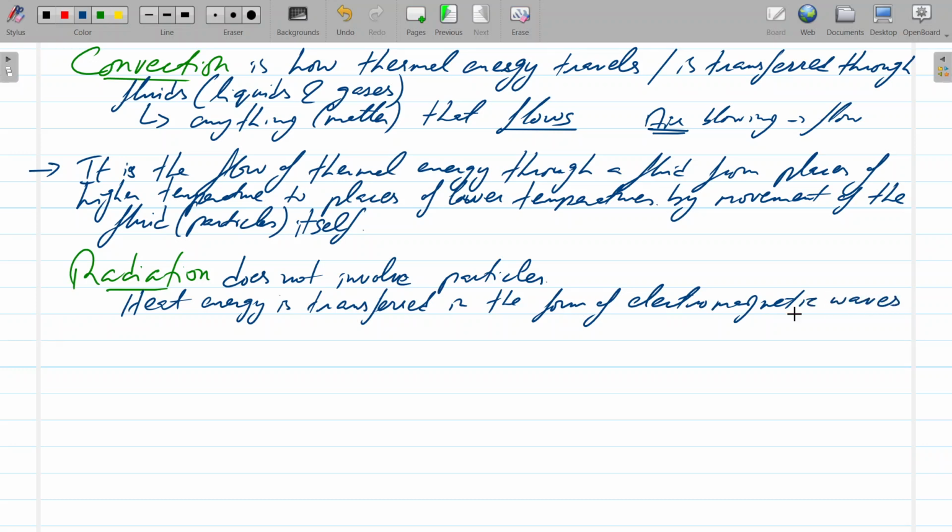This is something we will get into in the next unit, which is waves. So we'll talk about electromagnetic waves and sound waves and all of that.